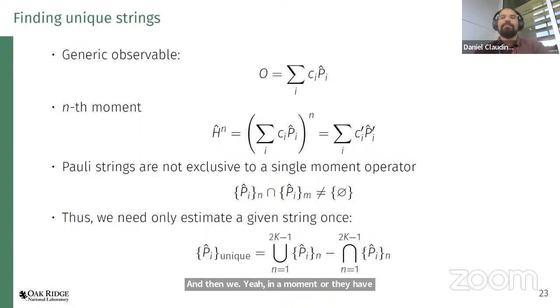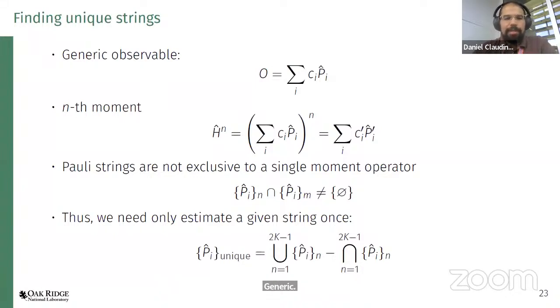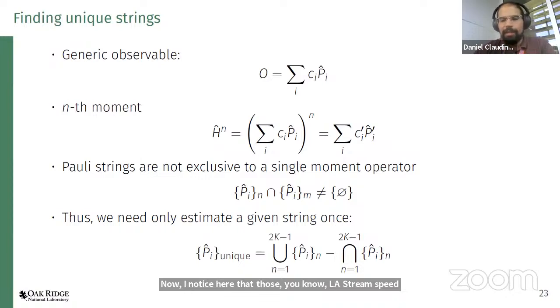Just put the primes there, but they all follow the same generic form. We notice here that those Pauli strings P are not exclusive to any individual moment operator. We take advantage of that to only keep track of the unique strings, so we don't measure things more than once.